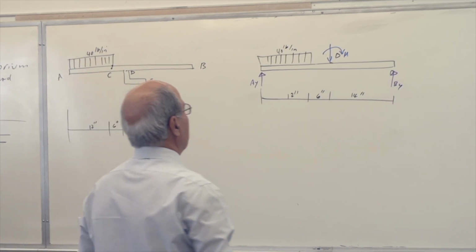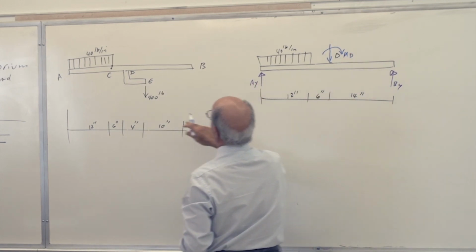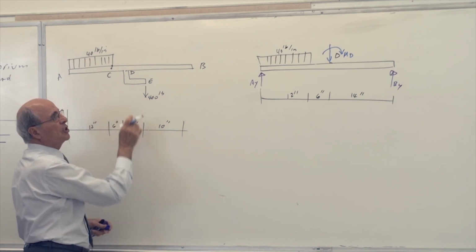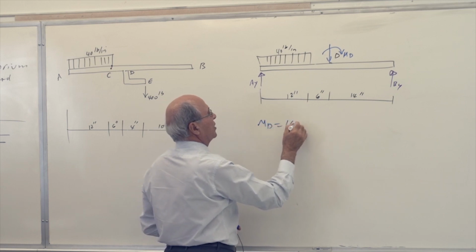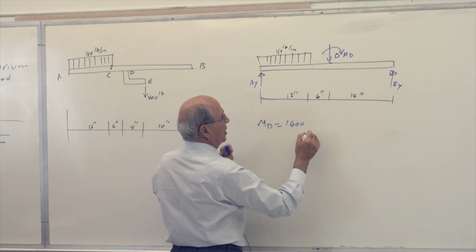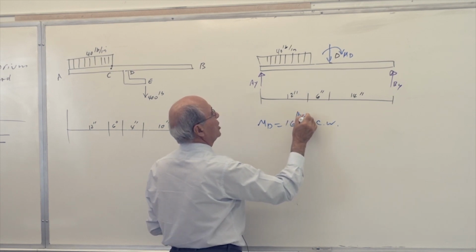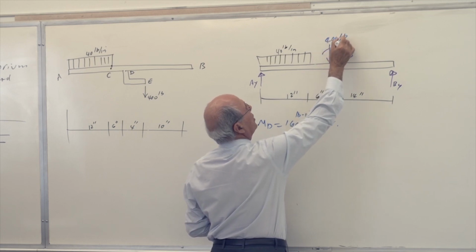Remember that, the internal one. So here is MD. But what is the value of MD? Look at it: 400 times 4 inches, so MD is 1600 pound-inches going clockwise, and the force itself, of course, is 400 pounds.